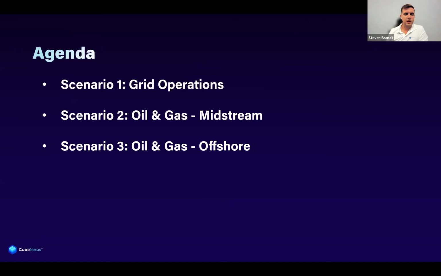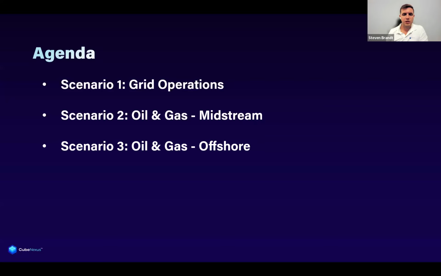So the three different scenarios that we wanted to go over today are a grid operation scenario. We've had some interesting and promising leads among companies that do grid operations, so we wanted to cover that. And then, as you know, we're based out of Tulsa. I'm up in Chicago, actually, but we have quite a bit of interest in the energy space in the oil and gas sector.